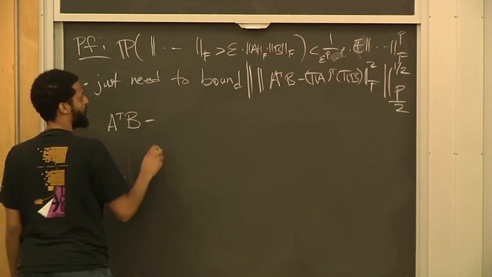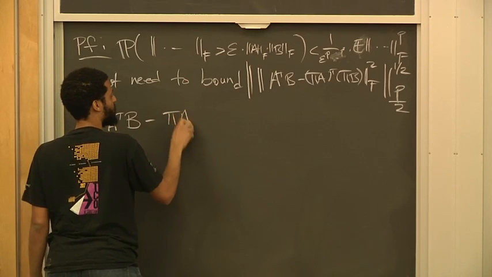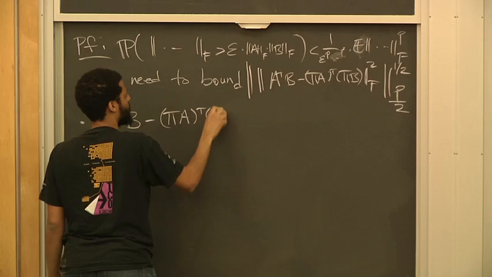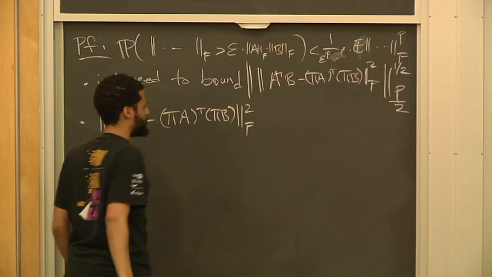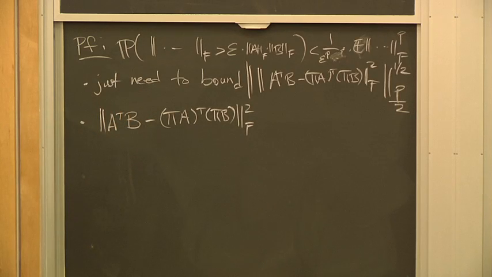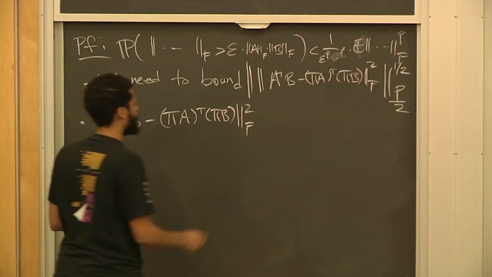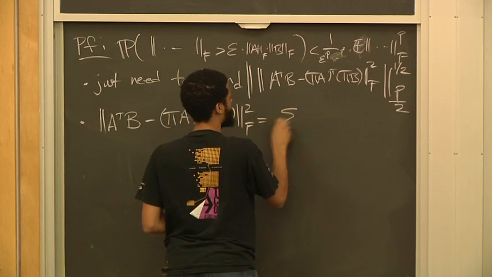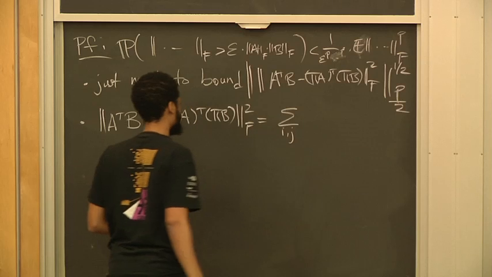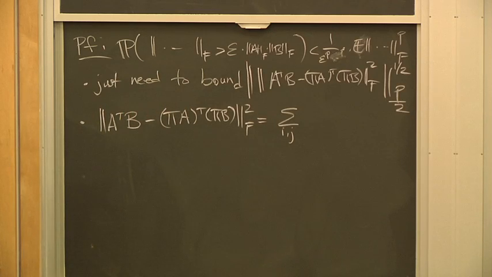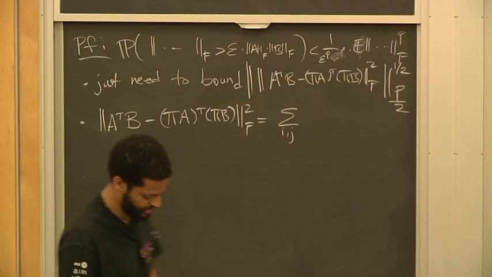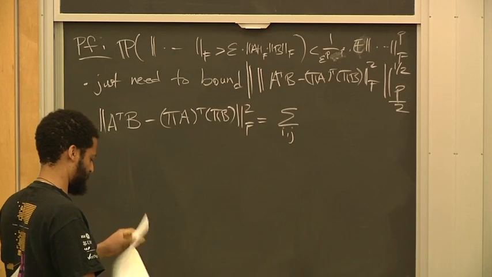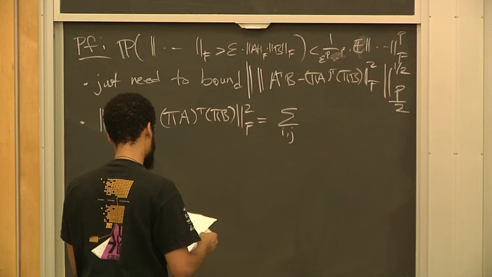So this Frobenius norm squared is equal to the sum over all i, j of, let me make sure I want to write this.